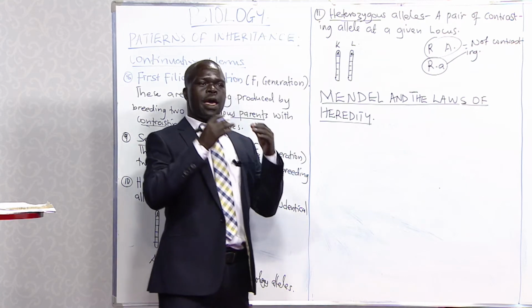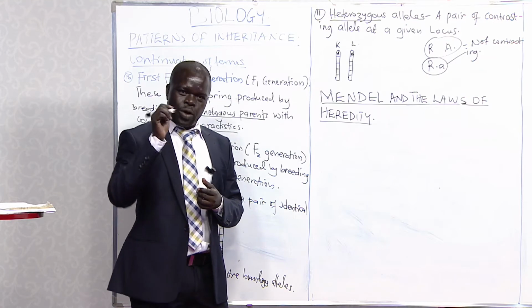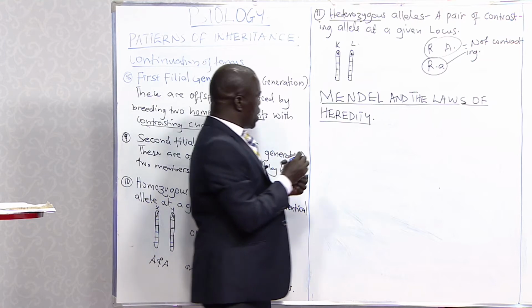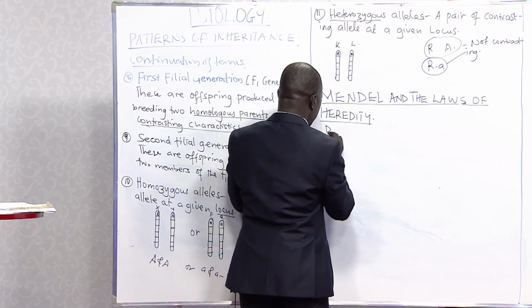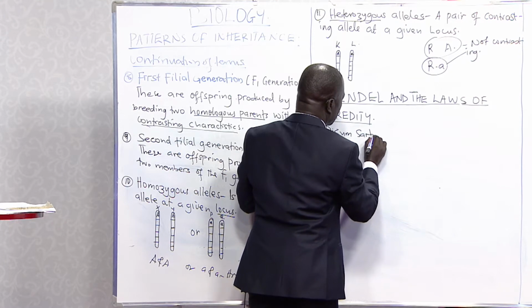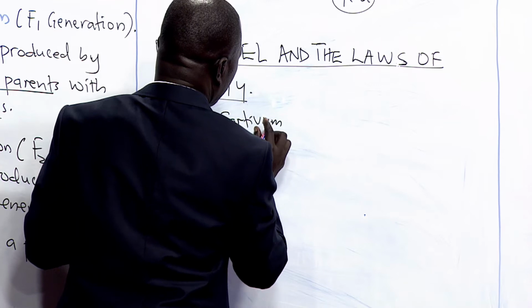Mendel carried out several experiments, and some of them were on a plant called Pisum sativum.